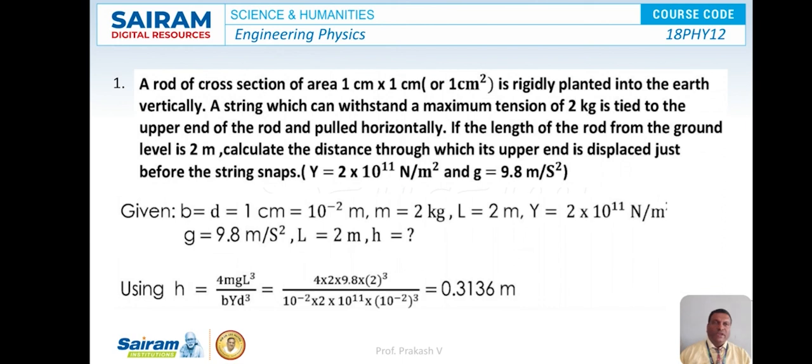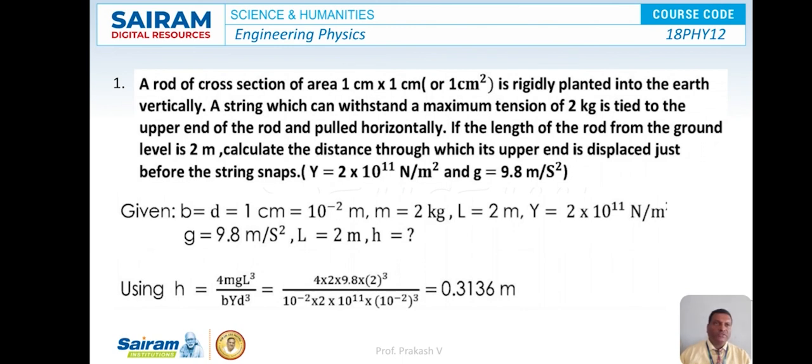So here the value of Young's modulus Y is equal to 2 into 10 to the power of 11 Newton per meter square, and the acceleration due to gravity g is equal to 9.8 meter per second square. According to this problem, the given data is b equal to t, that is equal to 1 centimeter, that is 10 to the power of minus 2 meter, and m is equal to 2 kg and l is 2 meter.